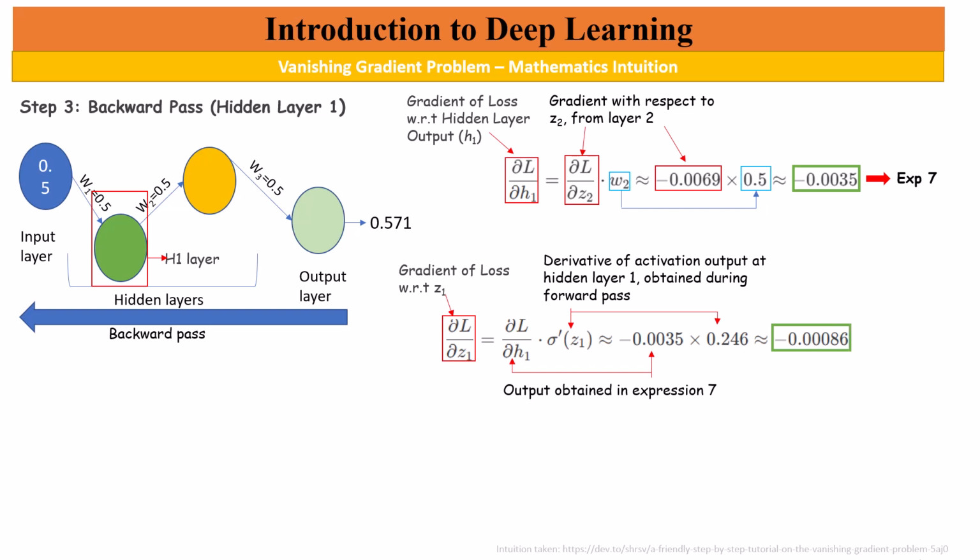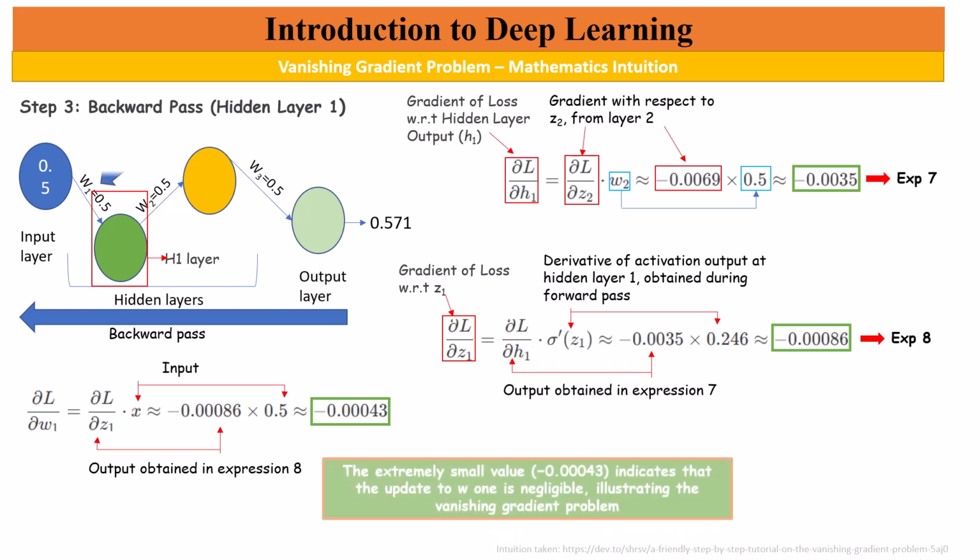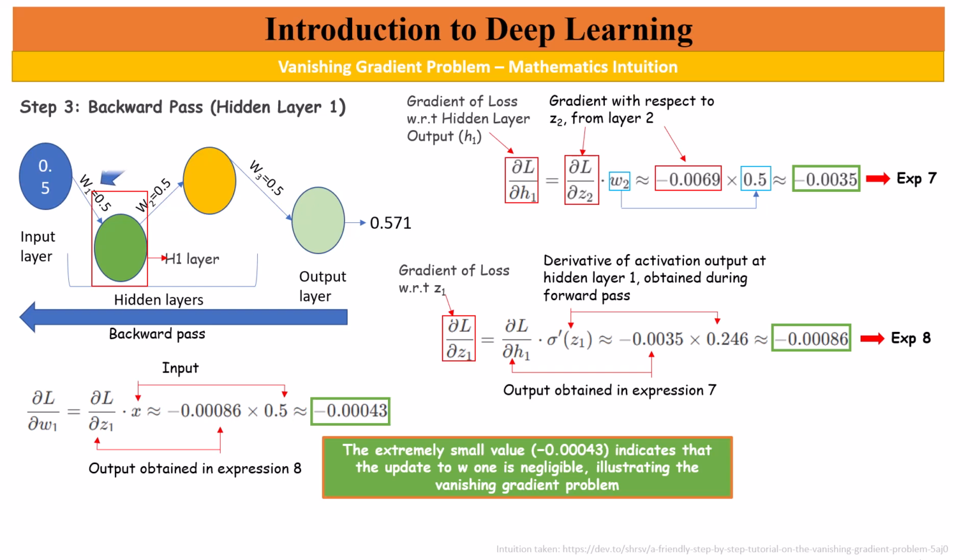We may call it expression 8. Finally, we calculate how much we should update weight W1. We multiply the gradient obtained in expression 8 by the input 0.5. The extremely small value, -0.00043, indicates that the update to W1 is negligible, illustrating the vanishing gradient problem.